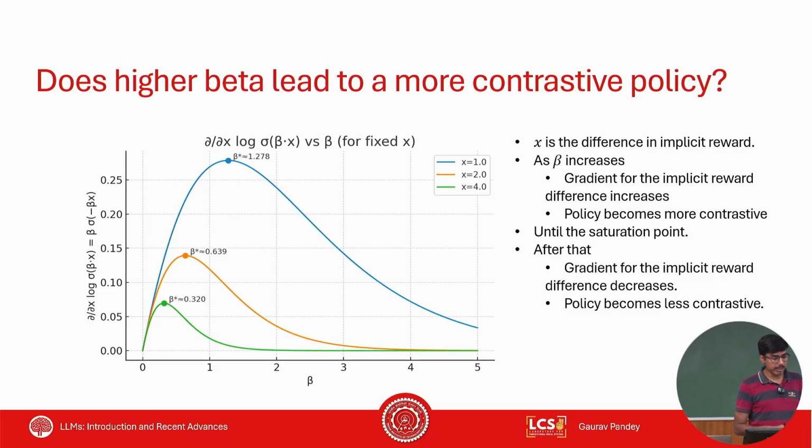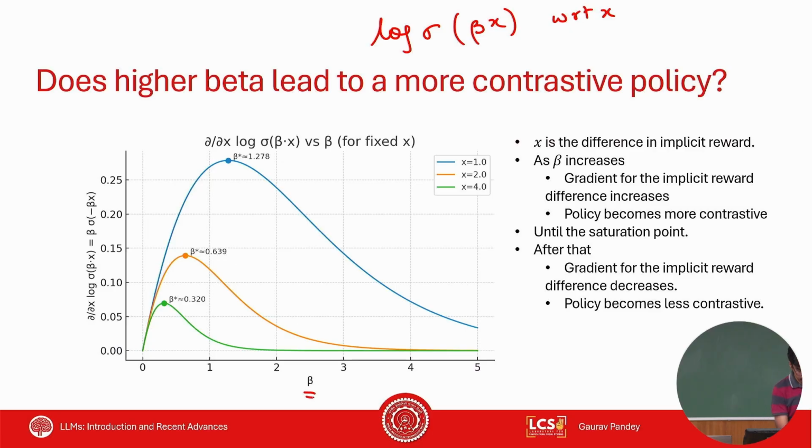So this graph is the derivative of log sigmoid beta x with respect to x, and the x-axis is your beta.